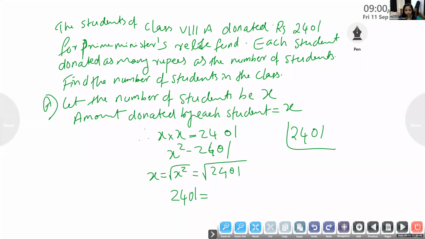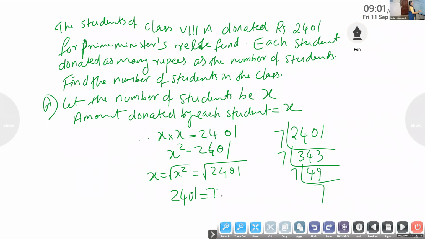First factor is 7. Then 343, again 7. 343 is the cube of 7, so it is 49.